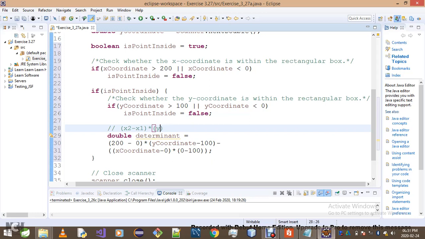This is the y coordinate of the point that you want to determine whether or not it's on the left or right of your line. So you will simply say x2 minus x1 multiplied by y minus y1, right?